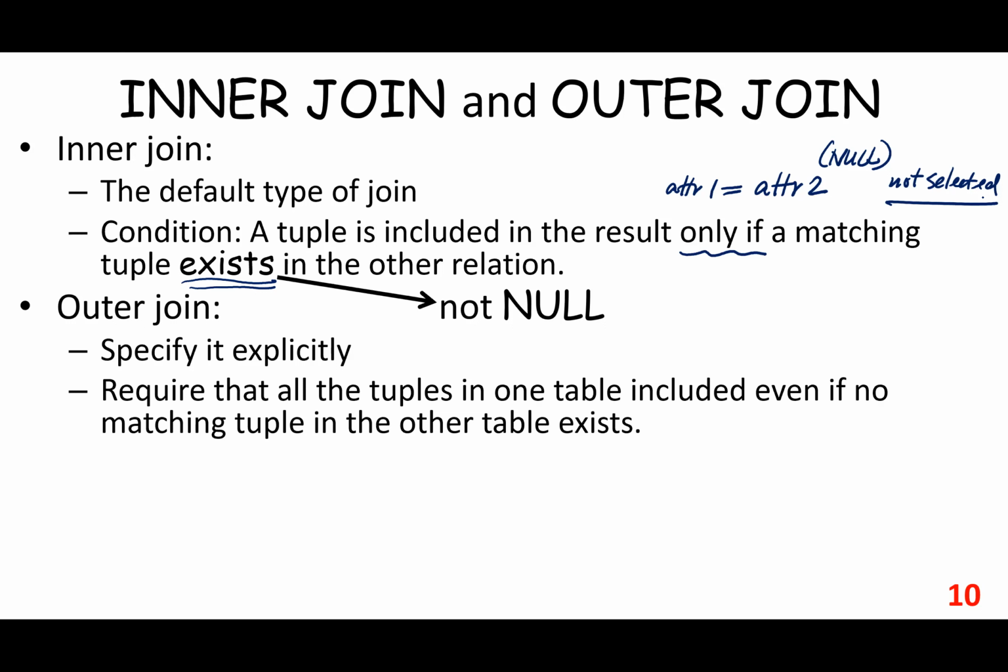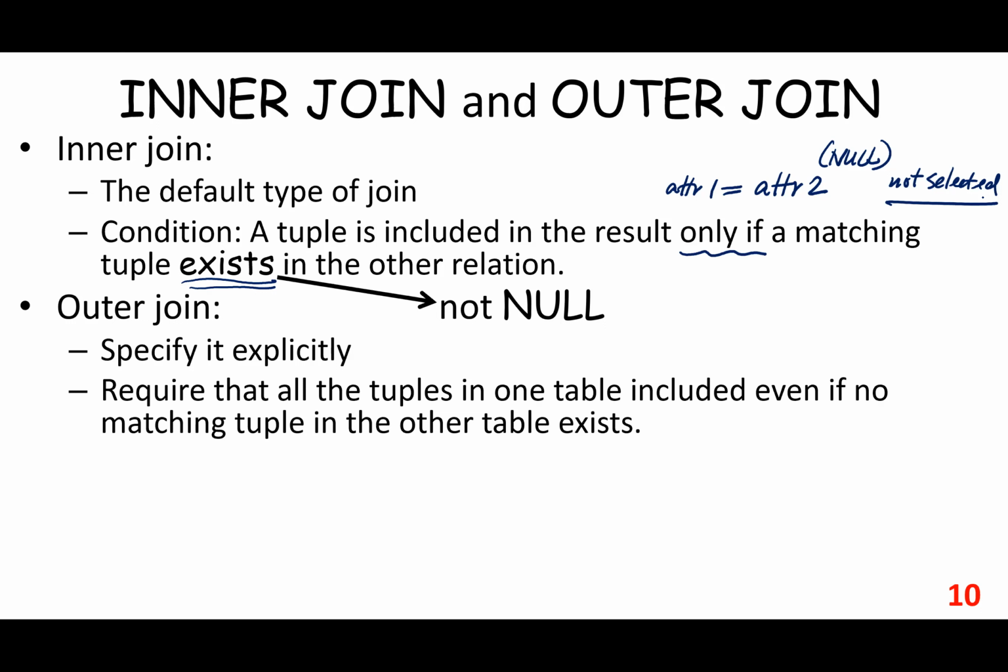Because there are two tables, you want to make all tuples in one of the two tables selected. Think about this requirement. Tuples in one of the two tables must be selected.